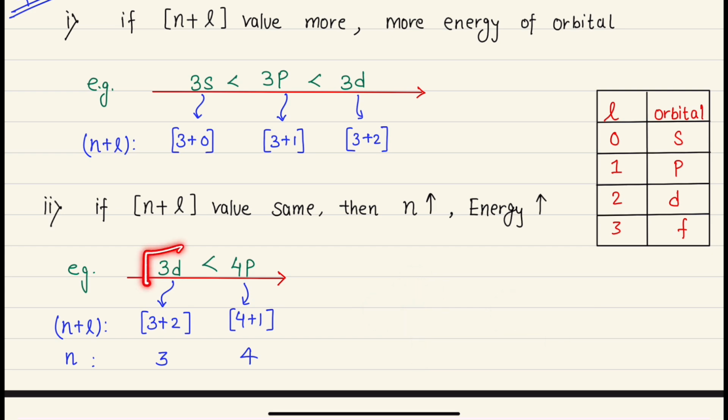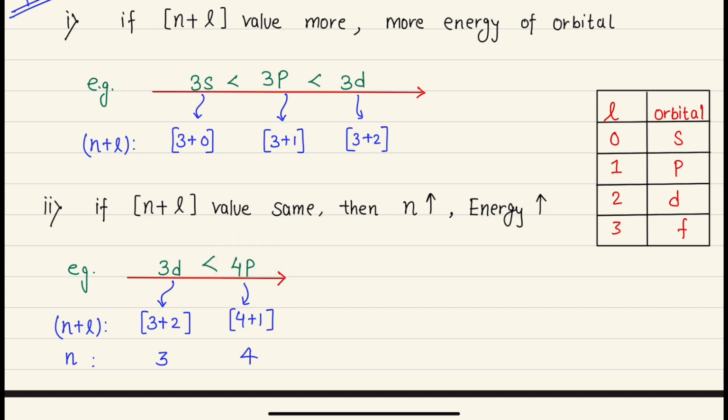So 3d has n value 3, and for 4p the n value is 4. Which is bigger? 4, no? That's why 4p has more energy.